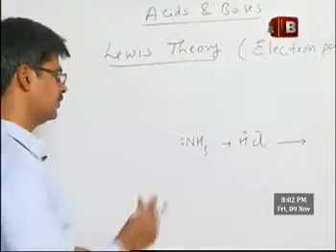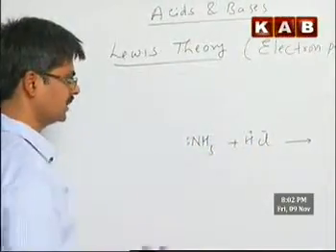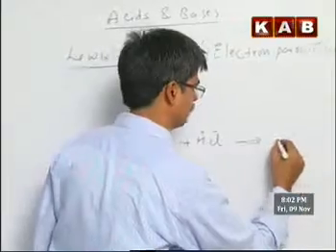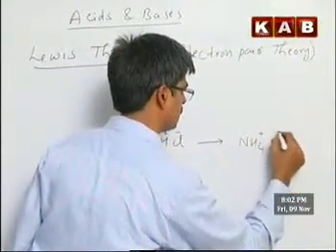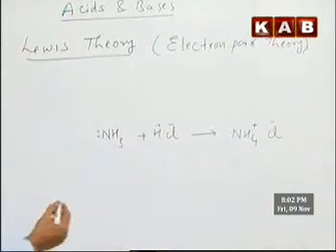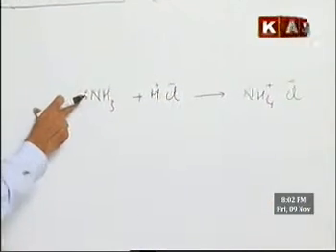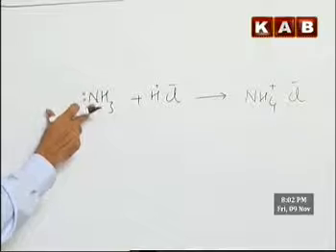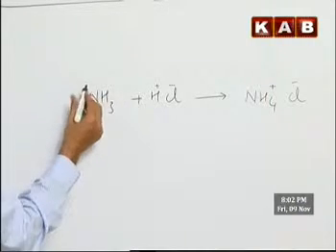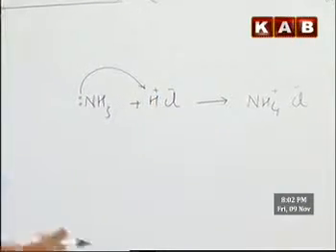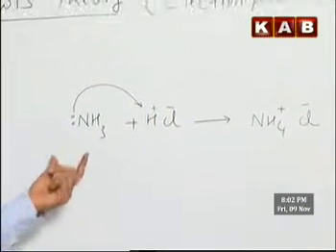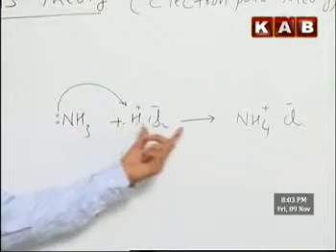If you observe the reaction, it forms ammonium chloride, that is NH4 plus Cl minus. Actually, what is happening is that the electron pair present on the nitrogen of ammonia is being transferred to the proton H plus. So electron pair transfer is taking place from ammonia to H plus of HCl.